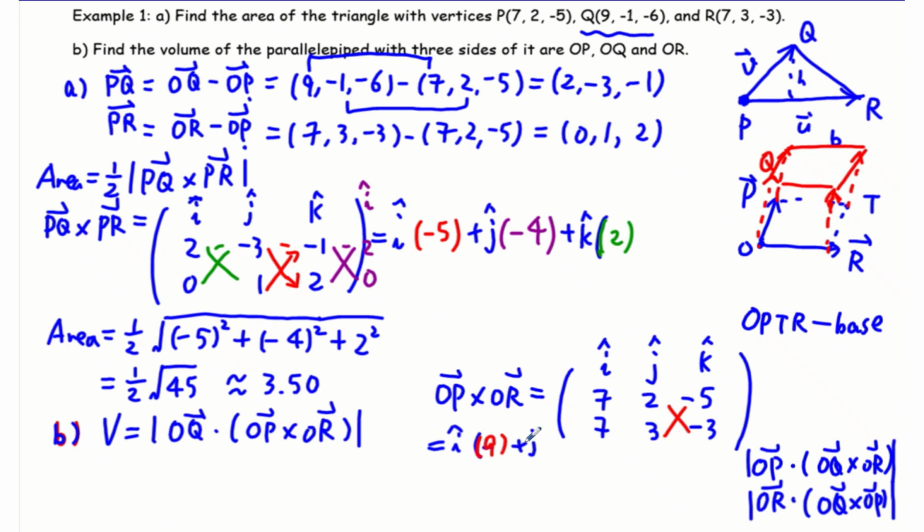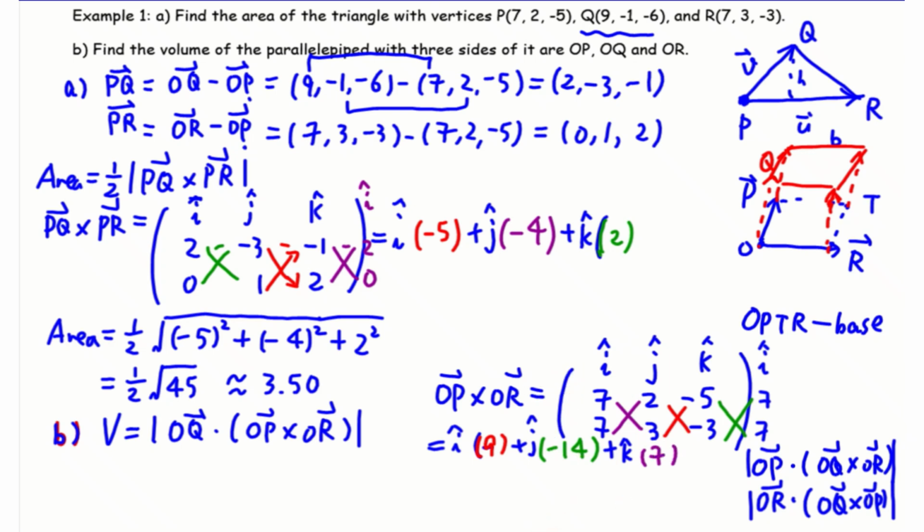Then for the j direction, it's -5 times 7 minus -3 times 7, which is -35 plus 21, -14. Then for the k direction, cross the k out, and with the 2 by 2 left, 7 times 3 minus 7 times 2 gives you 7. So this is the OP cross OR product.